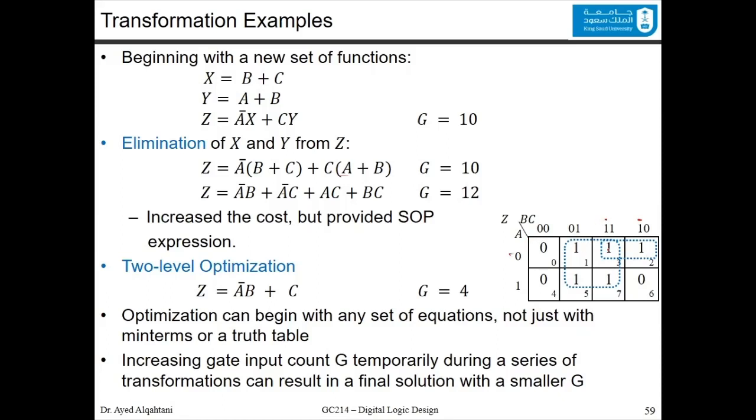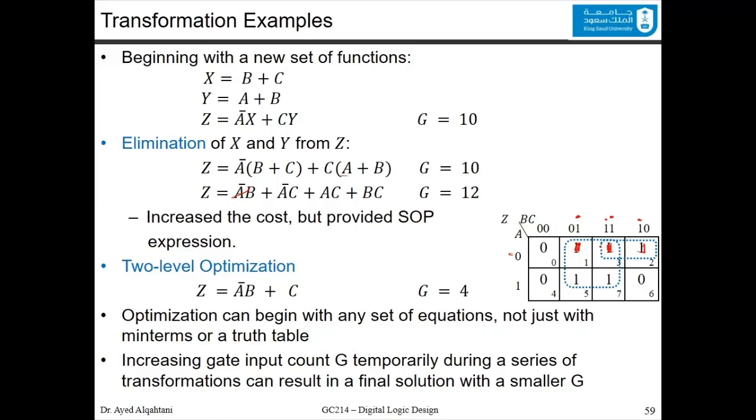And this is A bar. So we fill this 1 and 1. Now finish this one. A bar C, this is A bar, and the C is constant here. So we make it 1 and 1.